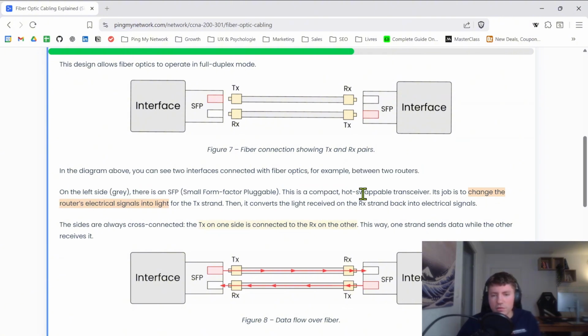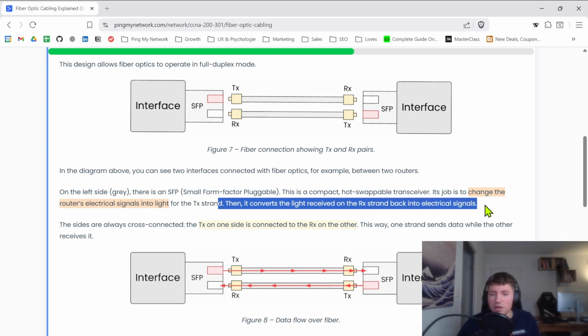This is a compact, hot-swappable transceiver. Its job is to change the router's electrical signal into light on the TX strand, then it converts the light received on the RX strand back into an electrical signal.